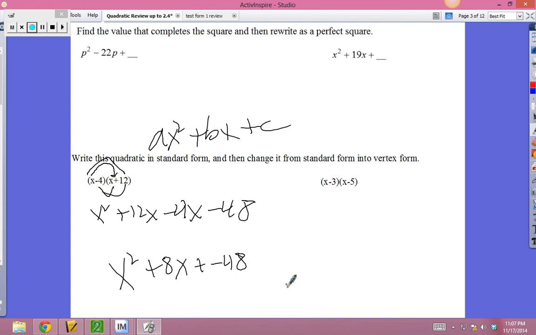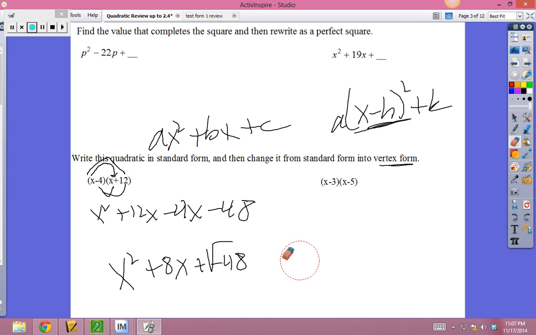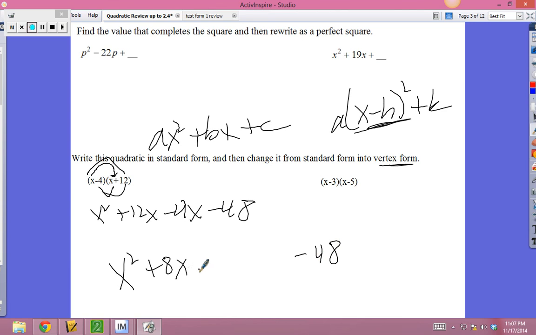Okay, now the question is, that's not a perfect square. You need to change it to the vertex form. Vertex form is a(x minus h) squared plus k. Vertex form has a perfect square. So negative 48 is bad news. So let's move it over and let's replace it with the number I wish it was. Cut that in half, 4.